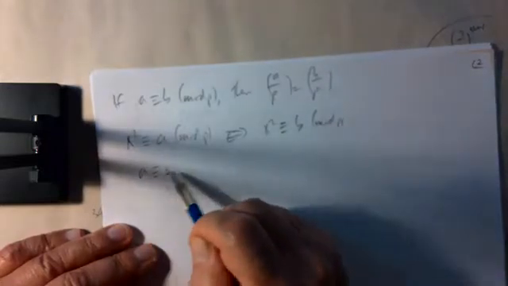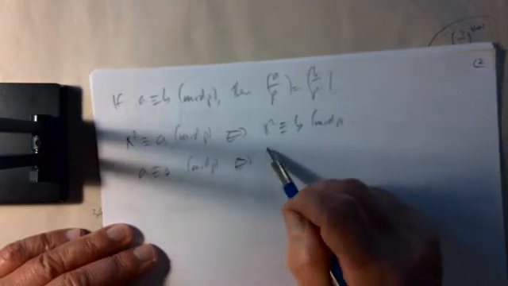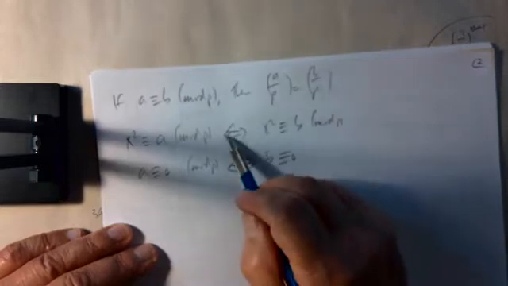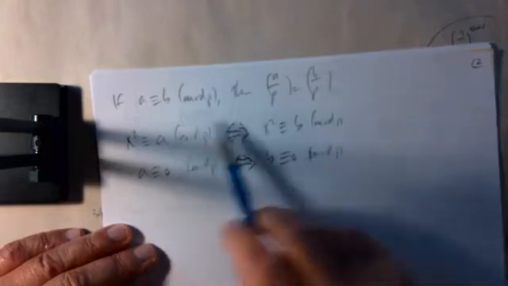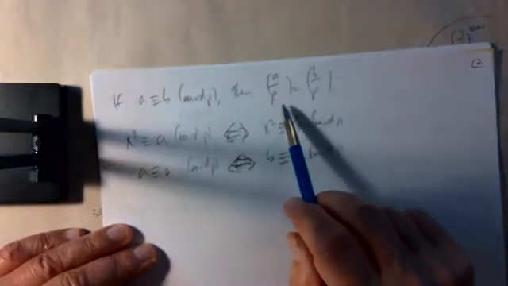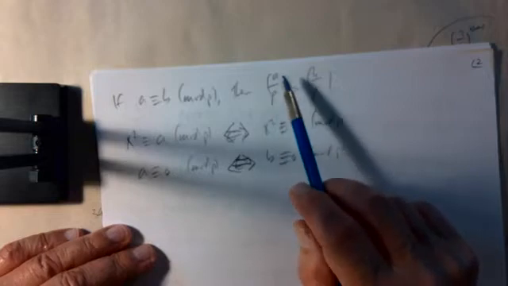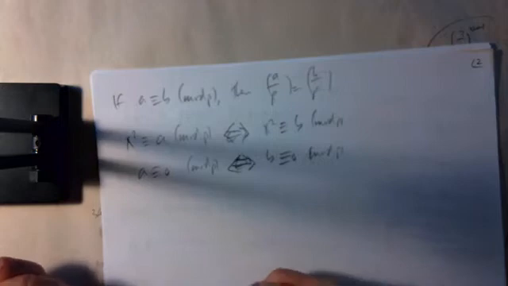And a is congruent to 0 mod p if and only if b is congruent to 0 mod p. So the Legendre symbol is really a function on congruence classes. It only depends on the congruence class of a mod p.